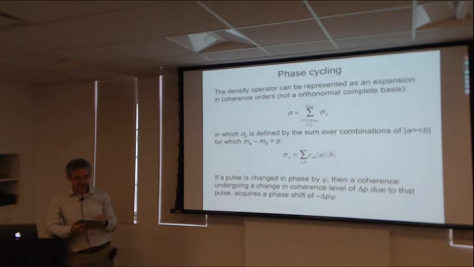So now we're going to think of the density operator as being the sum of density operator components that have the same coherence order. Remember, the coherence order is the sum of the pluses and minuses with z counting as 0 in some operator representation.